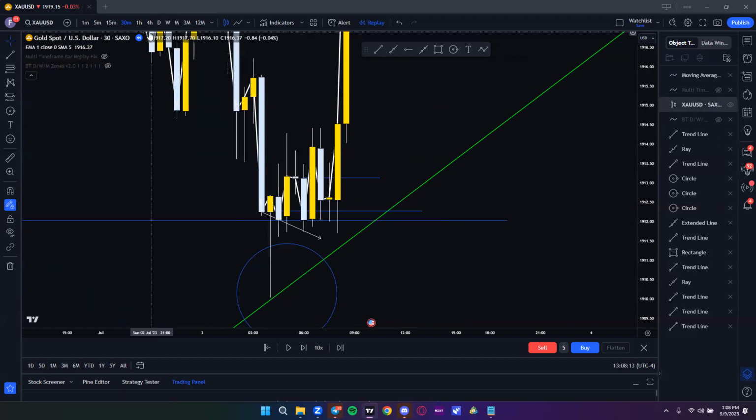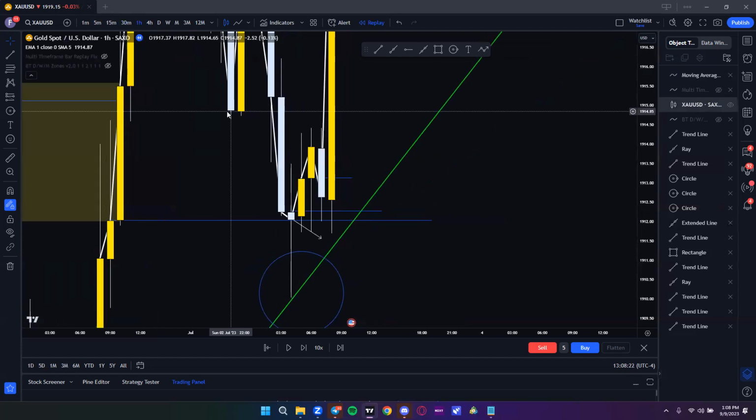This is M30, so the break of it is not as valid as what you see on H1, right? Because on H1, this is your decision level, and you see that H1 is just a rejection of it.